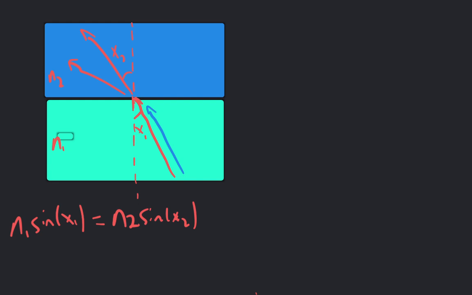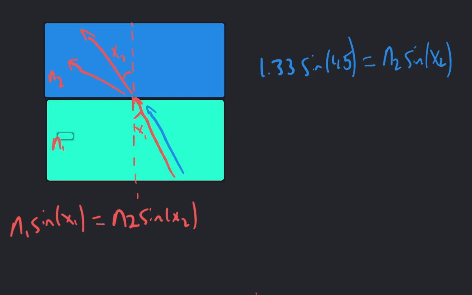Let's say we're shining it at x1 is 45 degrees. So n1 is 1.33 times sine of 45, is equal to n2 sine of x2. And we want to know at what angle it comes out at.